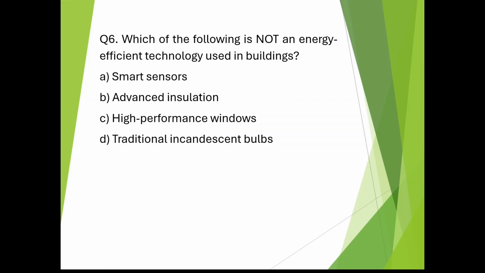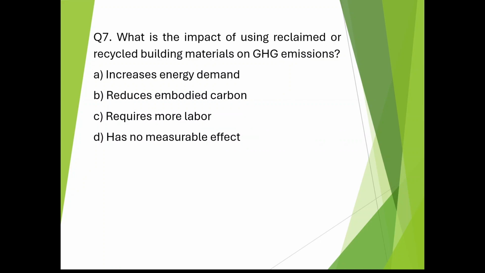In contrast, all the other three options like advanced insulation, smart sensors, high performance windows, they all are helpful in reducing the energy consumption and emissions. And option D is the right answer, which is the most energy inefficient. So let's move to the next question, question number 7.